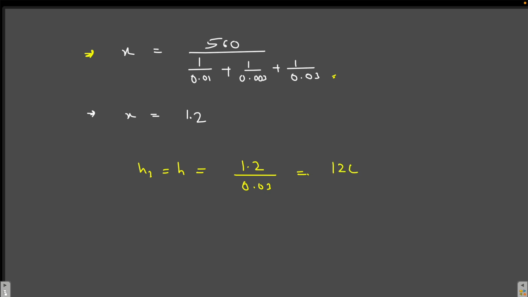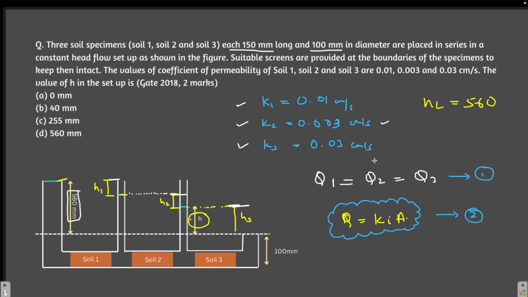You will get 120 by 3, and that will come out to be 40. So this 40 is the answer. 40 means the height here will be 40 millimeter. That means the head after soil 2 will be 40 millimeter. And this was a very important question. I hope this is clear to you.